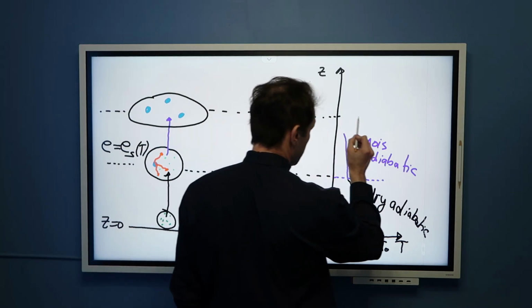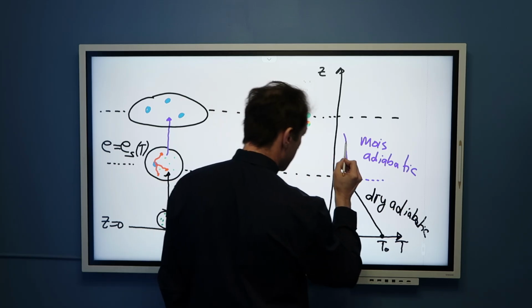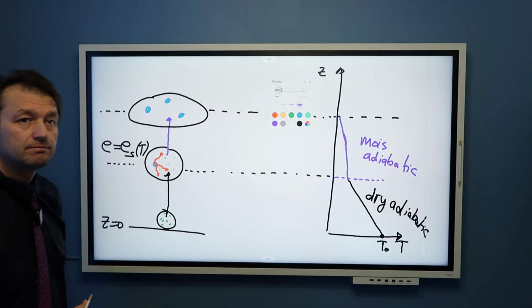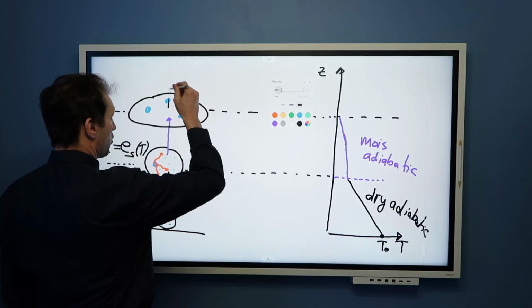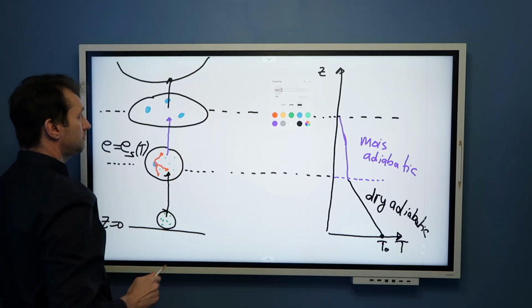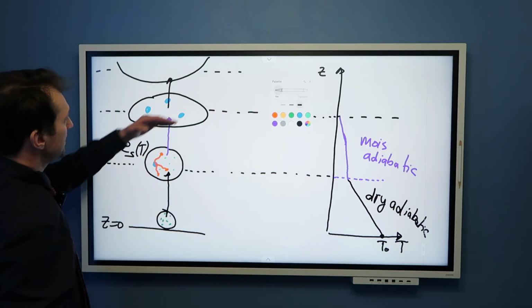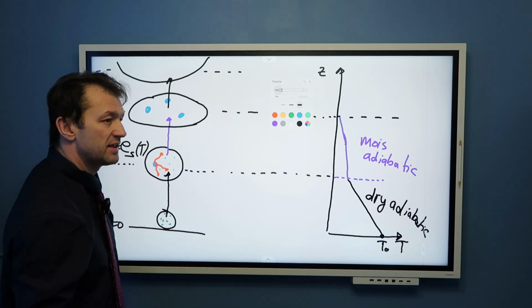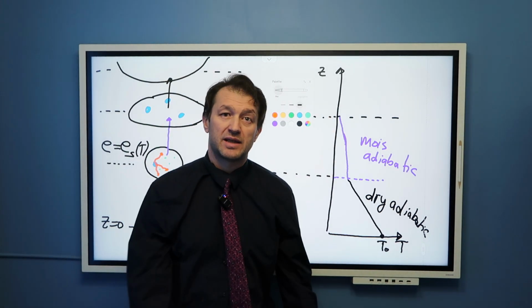So, up to this height, the ascent was moist adiabatic. If this parcel of air continues now going up, it will be even larger at this height over here. But is this ascent now dry adiabatic or moist adiabatic? Well, it will revert back to dry adiabatic. Why?